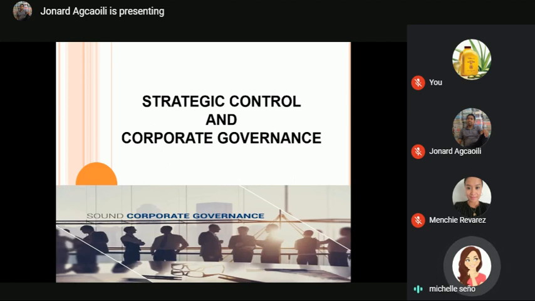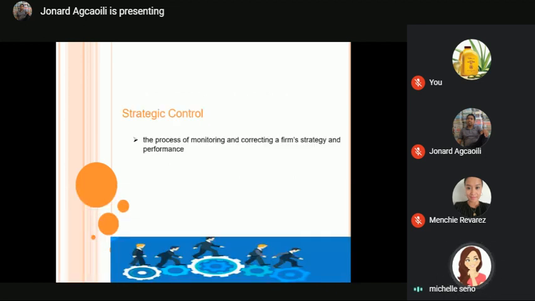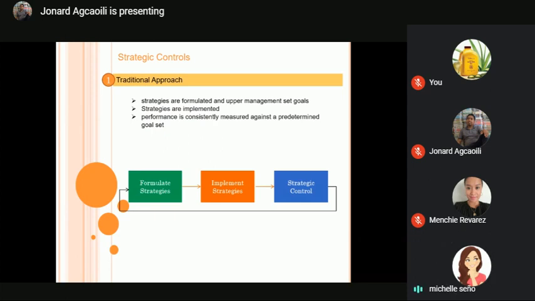Strategic control and corporate governance. Next process. Strategic control is the process of monitoring and correcting a firm's strategy and performance. Okay, next po. Dito po sa strategic control, may traditional approach po tayo.